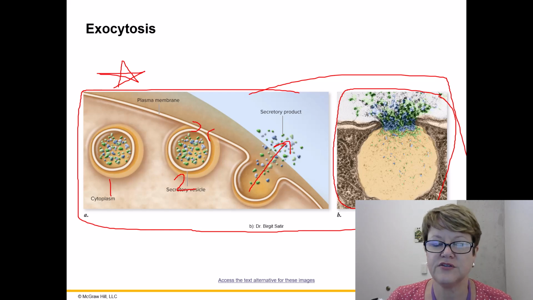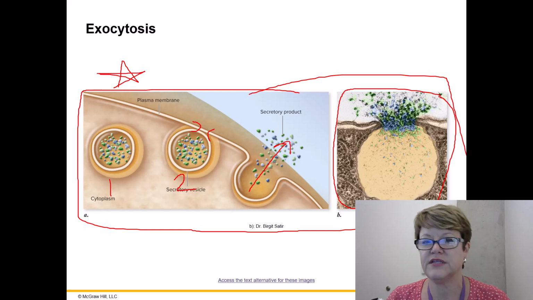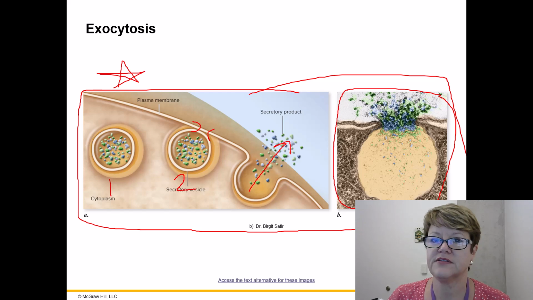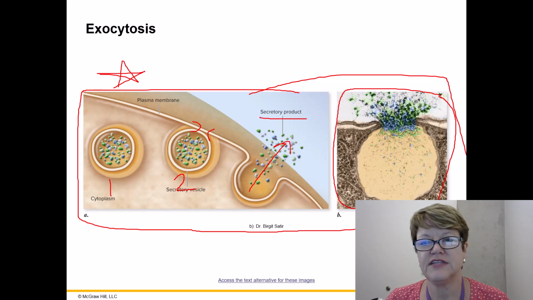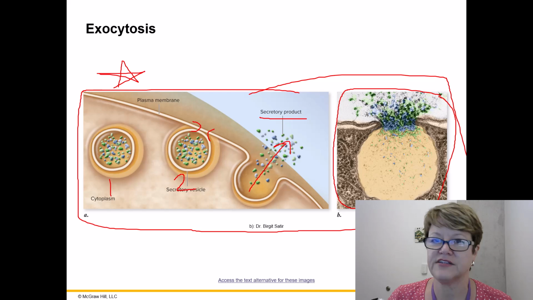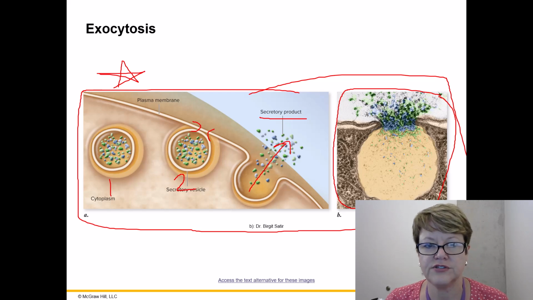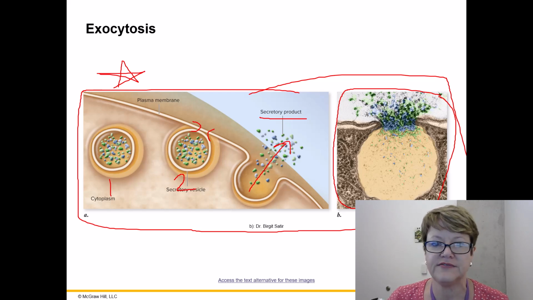So that's exocytosis, the release of something that the cell made, or it could be wastes. If the cell made something on purpose, it's called secretion. If the cell is releasing waste, we usually call it excretion, cellular excretion, but it's a release of something from the cell by vesicle.